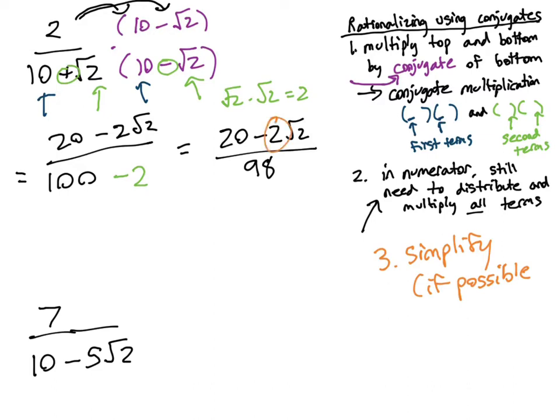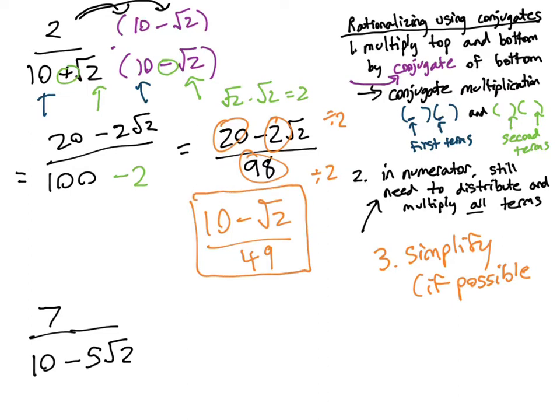And every term in our numerator and denominator is an even number, meaning we could divide all of these terms by 2 in the numerator and denominator, and that would give us 10 minus 1 times the square root of 2 all over 98 divided by 2, which is 49.